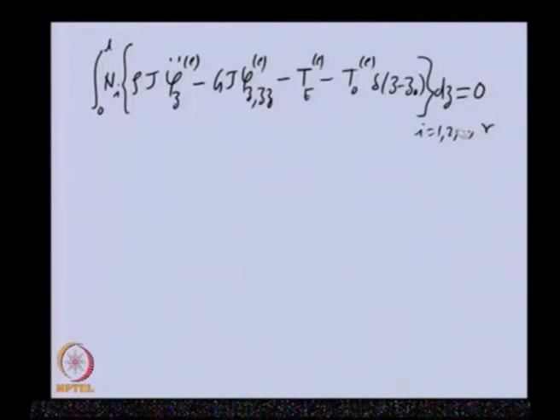Now in this equation, because we are using the assumed solution in the form of a polynomial, you can see that we have a second derivative with respect to z. So the polynomial we choose should have at least a quadratic term.